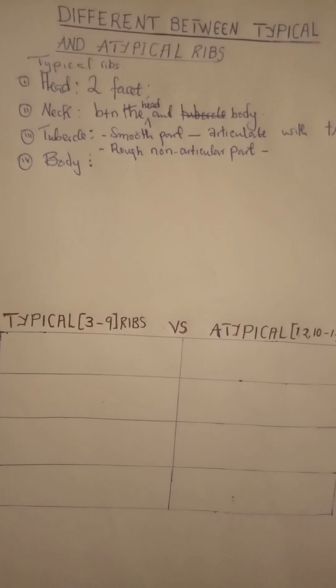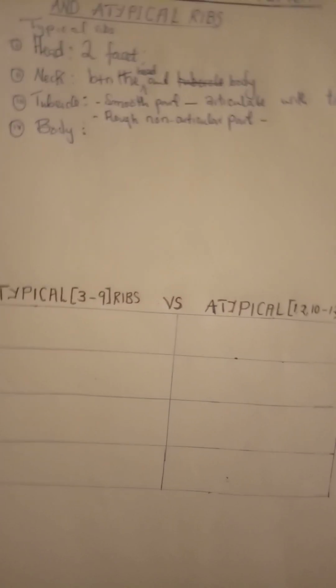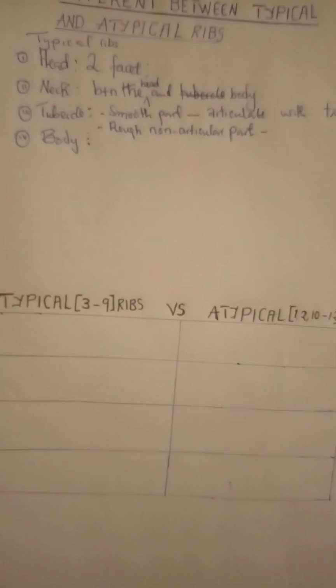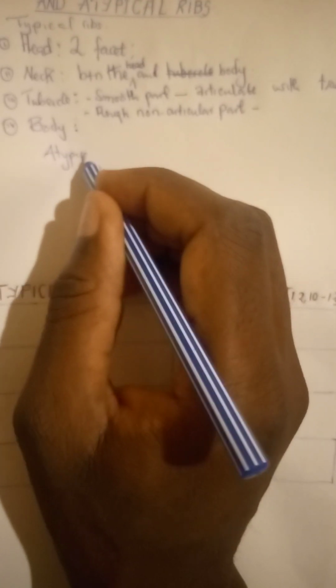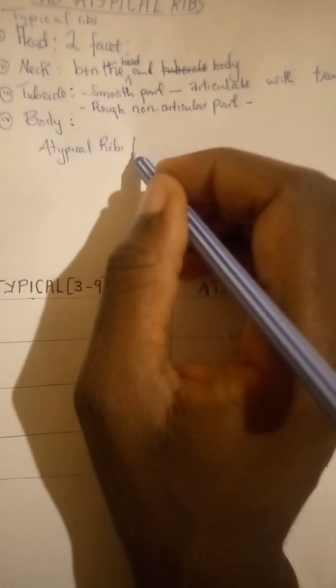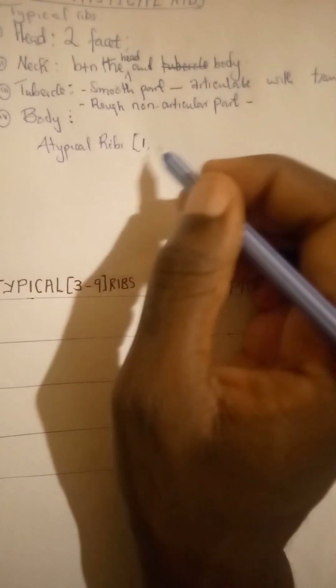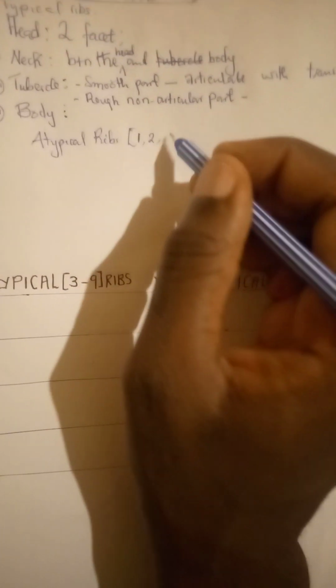So let's move to the atypical ribs. When we talk about atypical ribs, we are basically talking about rib 1, and ribs 10 to 12.